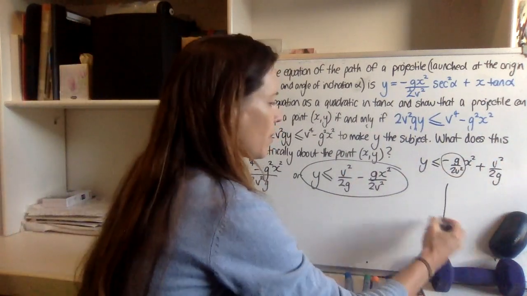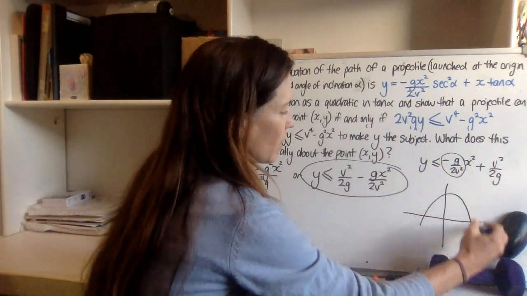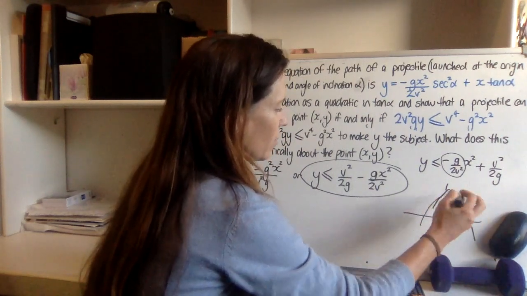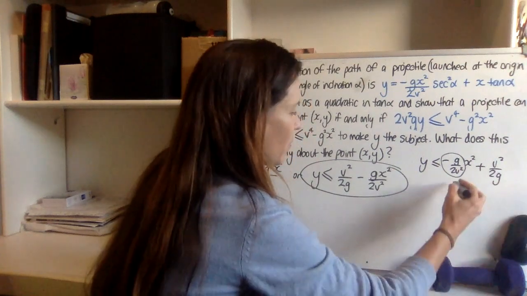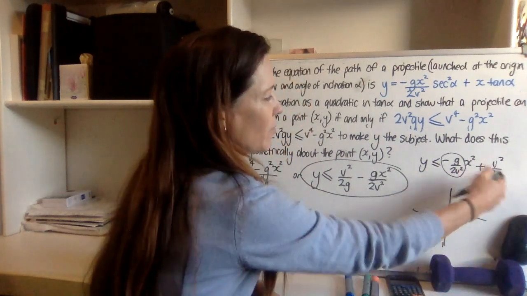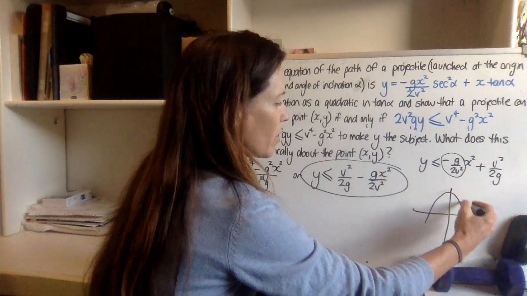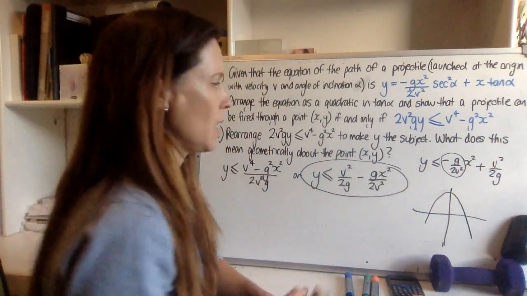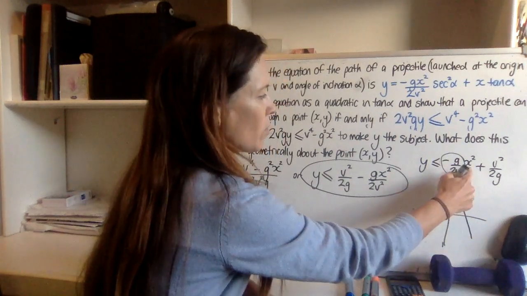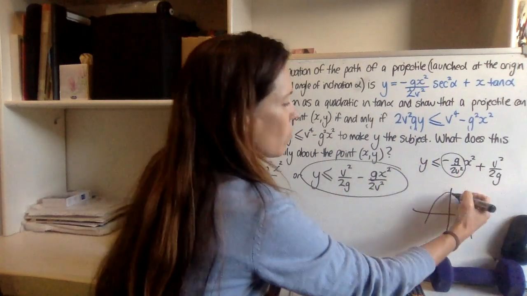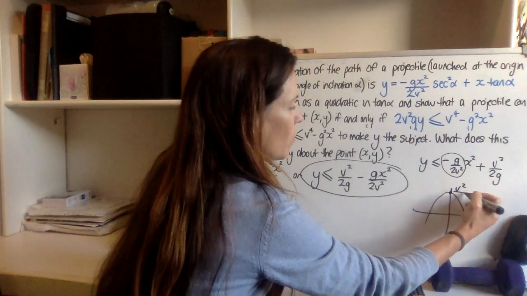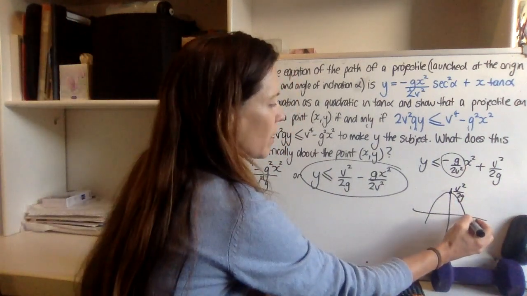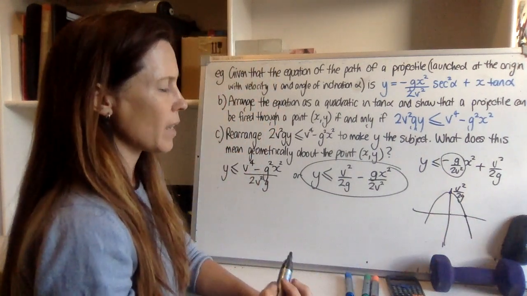So if we were to graph this, it's going to be something like, oops, terrible graph, let me start again. If we were to graph this, it's been lifted up, but not necessarily across. It's got a dilation in x, but that's just stretching it. And so then when x equals 0, y is going to equal v squared over 2g. And we could find this point out here by letting y equal 0.